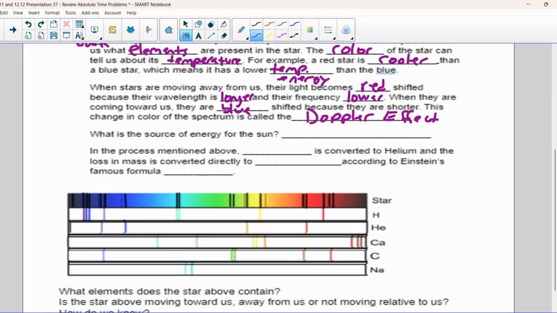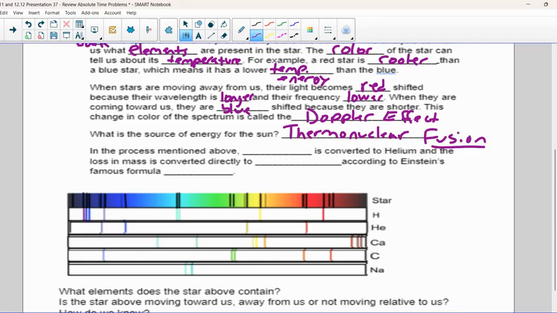What is the source of energy for the sun? That is thermonuclear fusion. A lot of times we just say fusion, but it's really thermonuclear fusion.